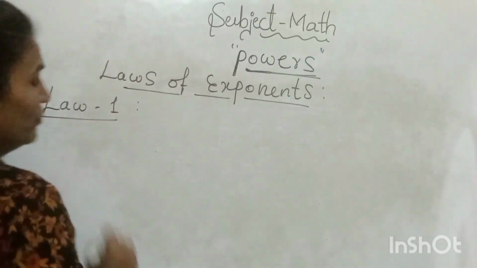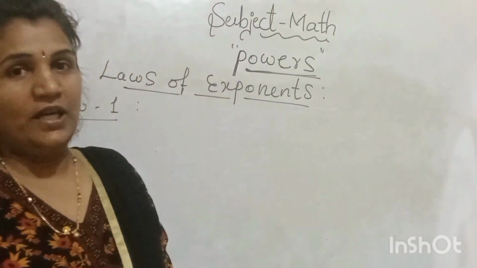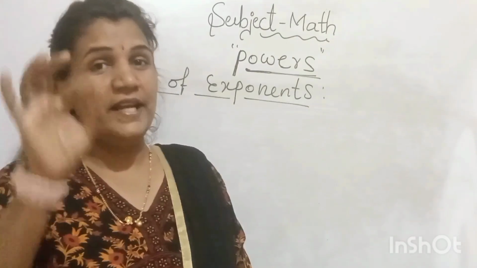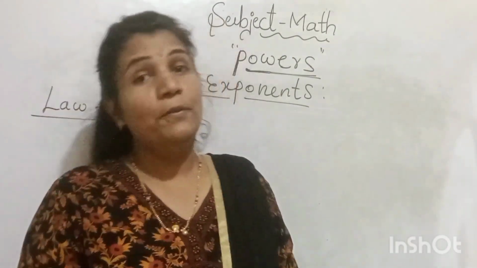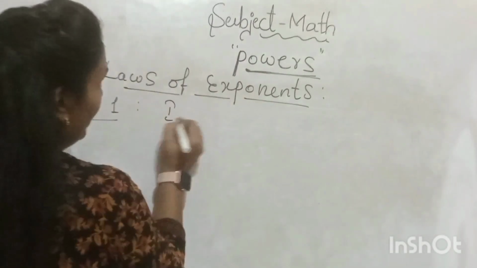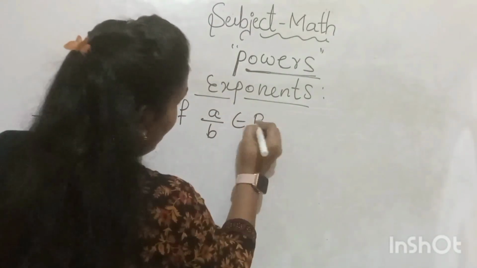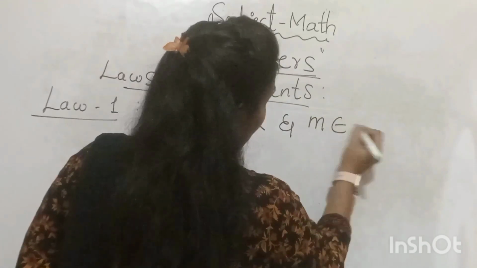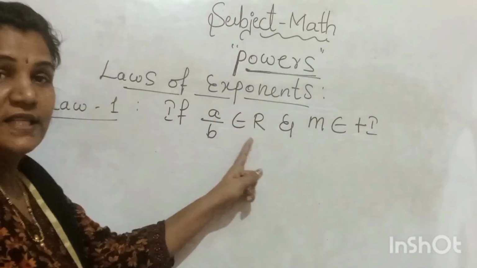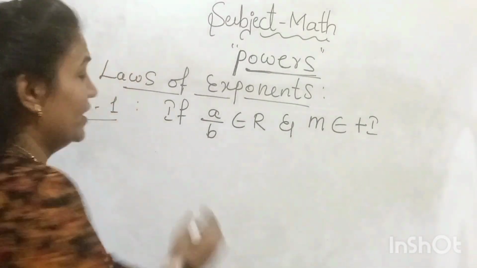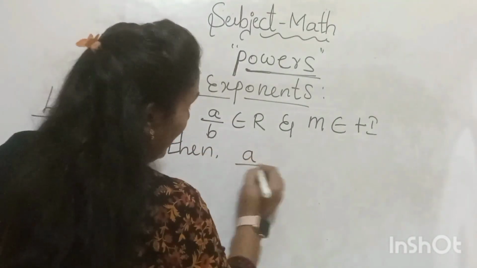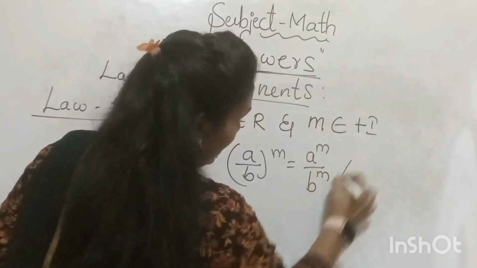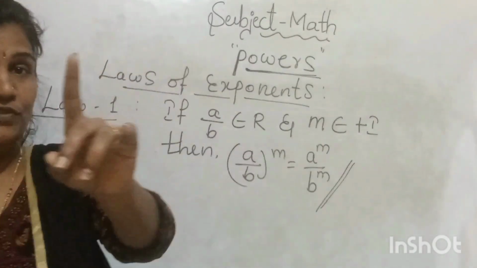Law 1: if a by b is any rational number and m is a positive integer, then a by b whole to the power m is equal to a to the power m divided by b to the power m. This is the first law of exponents.